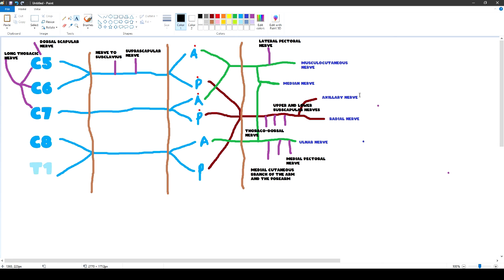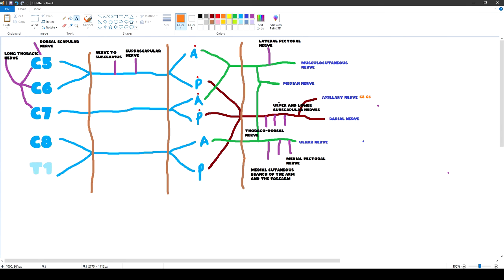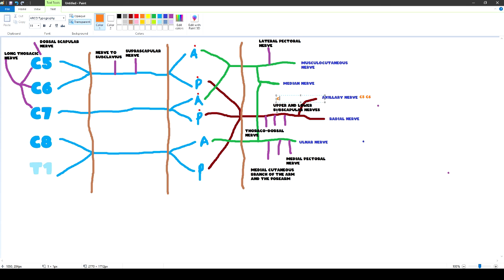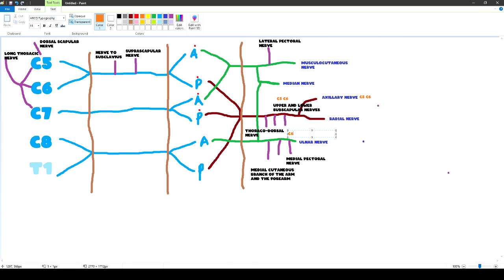The axillary nerve contains roots from only C5 and C6, and the upper and lower subscapular nerves also contain roots from only C5 and C6. However, the thoracodorsal nerve or the nerve to latissimus dorsi contains roots from C6, C7, and C8.